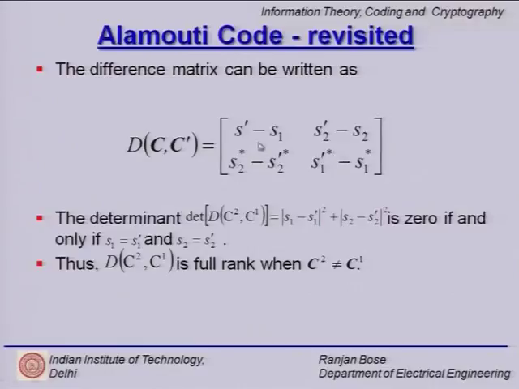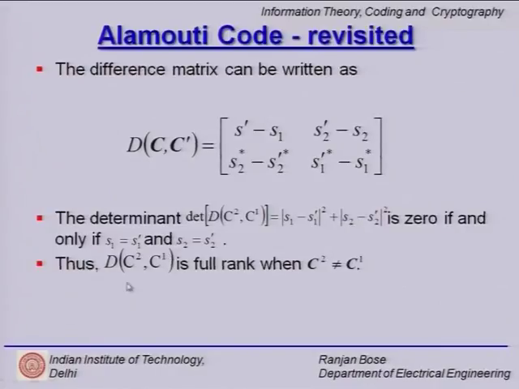The difference matrix is nothing but C 1 minus C prime. If you find out the determinant of this, it is given by this, and this is 0 if and only if S 1 is equal to S 1 prime and S 2 is equal to S 2 prime. In all other cases, the determinant will be non-zero.